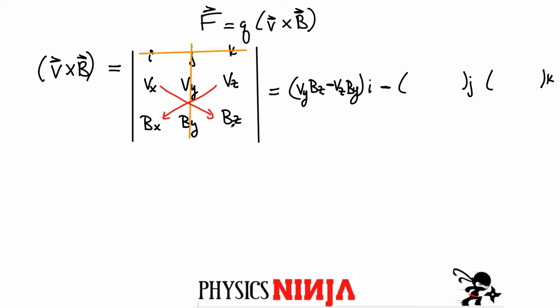And then I'm just going to redo it using the exact same order. So I go from the top left to the bottom right, Vx Bz, and then minus the z component of the velocity and the x component of the magnetic field. Pretty straightforward.